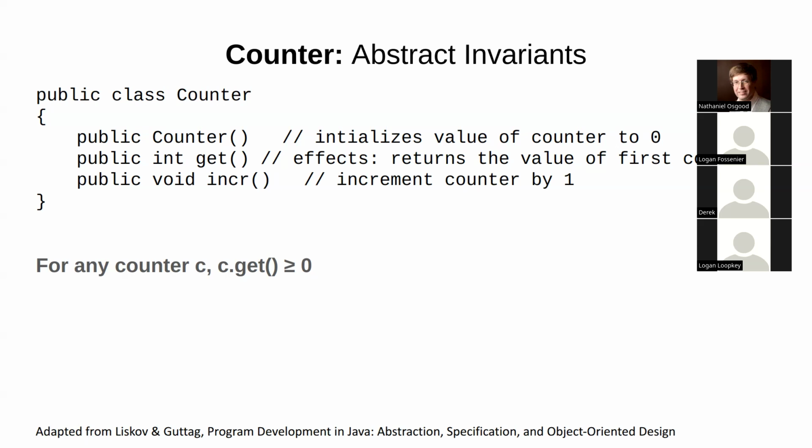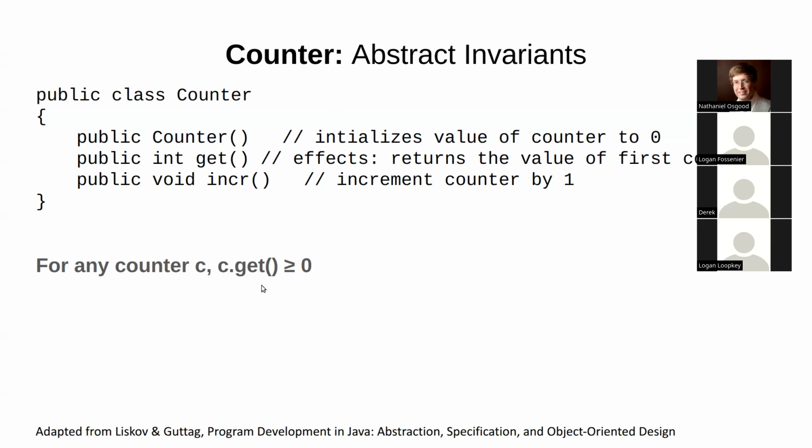But its focus is different. Its focus is not how do things play together nicely to guarantee certain properties. It's rather, what can I count on being the case at any one time about the state of this object? This is stating something you can count on. For any counter, I can count on this being the case.